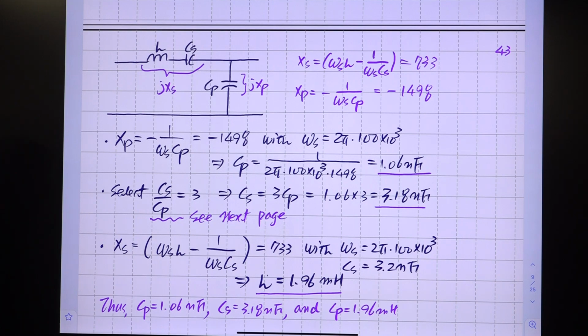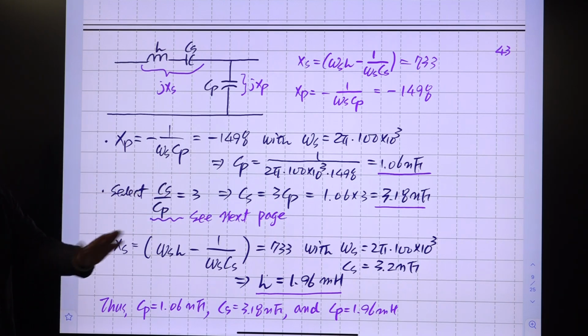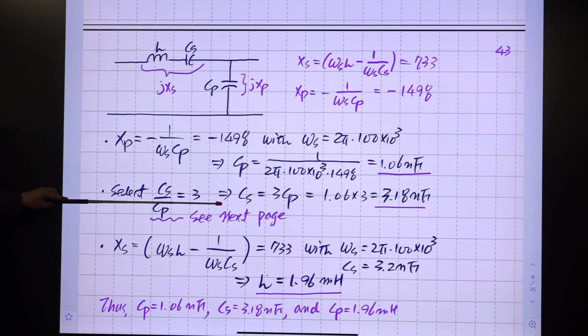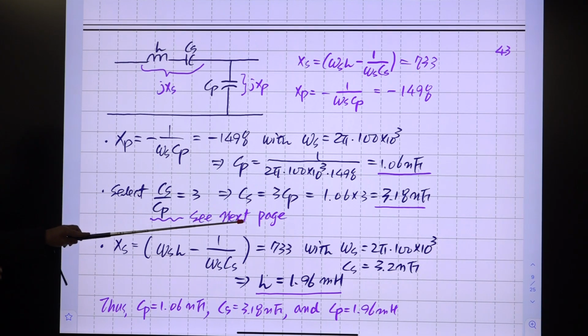But we need to determine L and CS simultaneously. That is a problem. So maybe we select the ratio of CS and CP as a factor of 3. I explain the reason for this selection in the next slide. It is related to the line node efficiency. You can select the ratio, maybe 3 or 5, something like that. There is some criterion to determine this ratio, and somehow I selected 3. So CS is 3 times CP. CS is large; always CS is large.